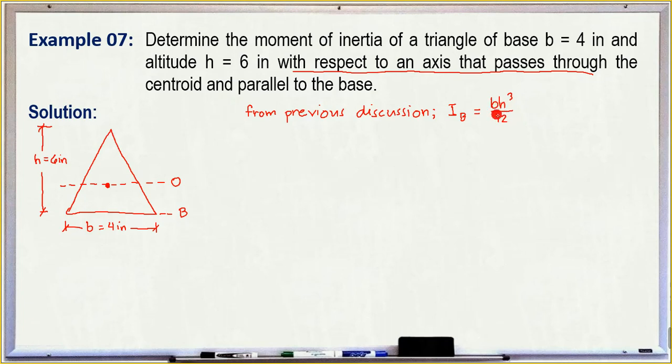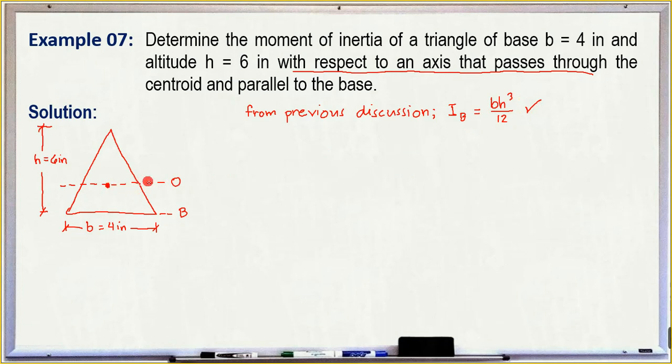The rectangle is with respect to the centroid, however, for the triangle, this one right here is with respect to the base. We have not yet obtained the moment of inertia of a triangle along its centroid.